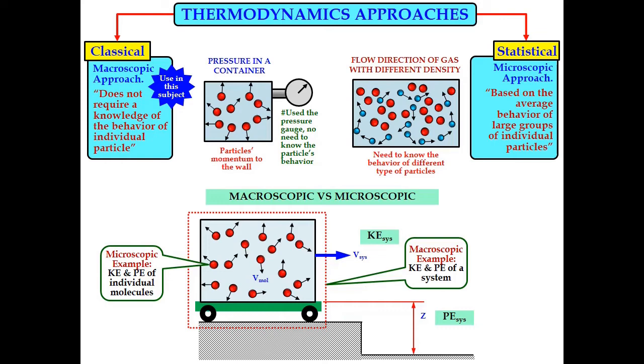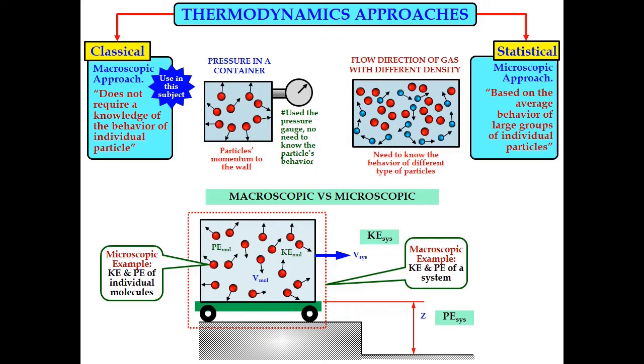From the value of the velocity of the particle or molecule, and also the height of the particle relative to the bottom surface of the tank and so on, we can determine the kinetic energy of the particle and the potential energy of the individual molecule or particle. So this approach we consider as a microscopic approach example.